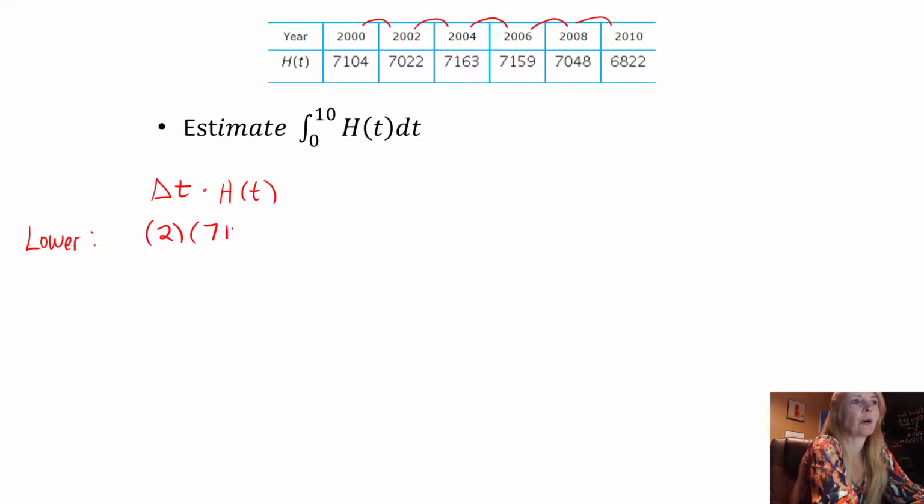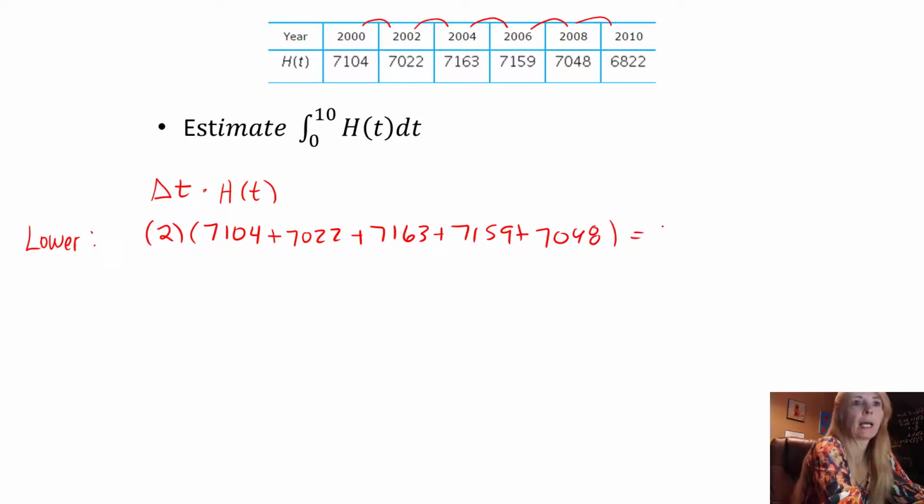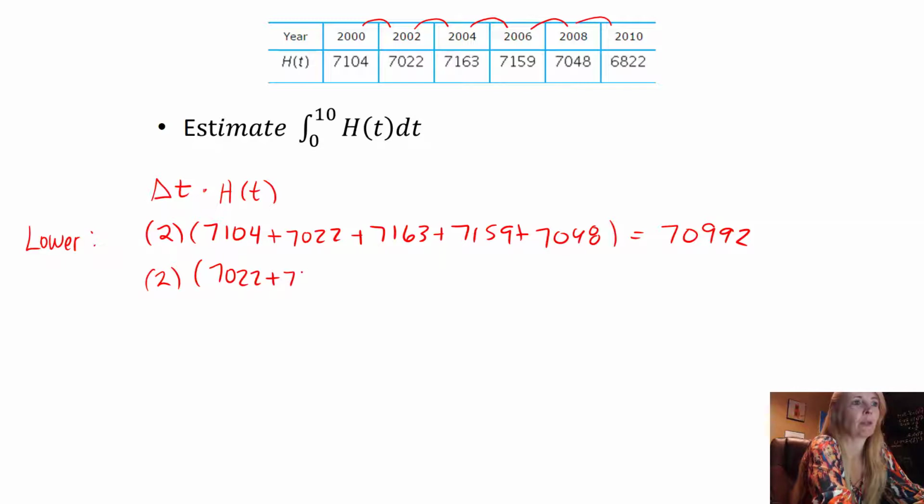So I would start at the left part of the table, 7022, 7163, 7159, and then 7048, and I get 70992. And then I can move one over, 7022 plus 7163 plus 7159 plus 7048 plus 6822.